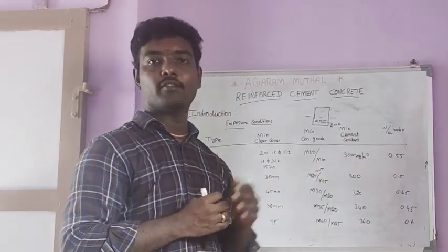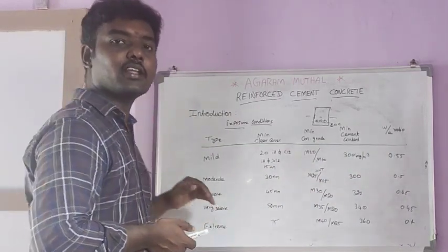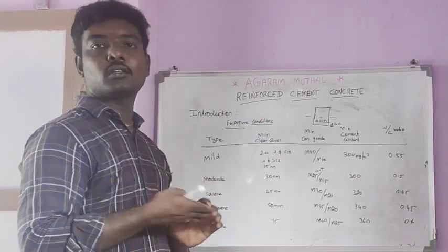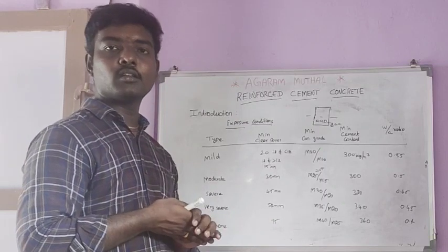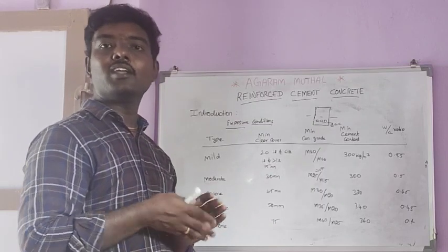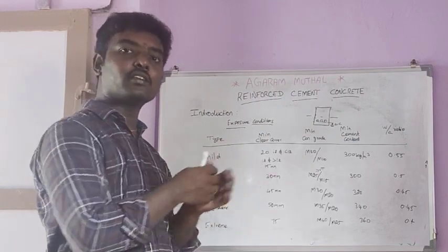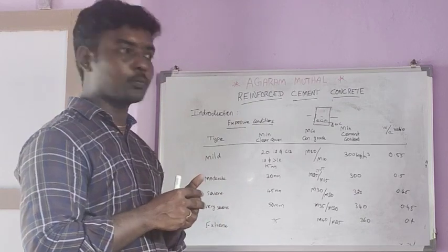is 0.55. Whereas moderate conditions, which is nothing but water storing structures, is called moderate exposure. There won't be any corrosive atmosphere and there won't be any coastal zones, but there is storage of water; that kind of structure comes under moderate exposure.